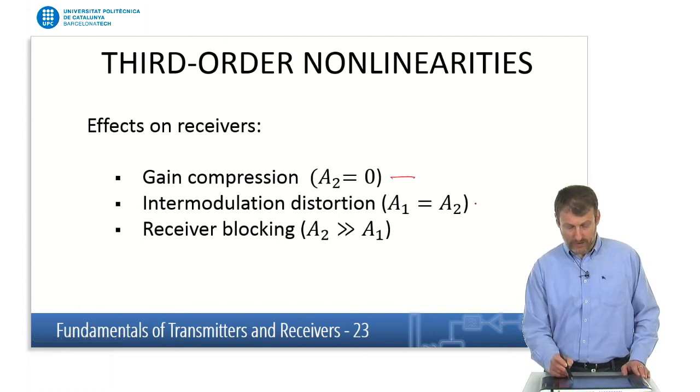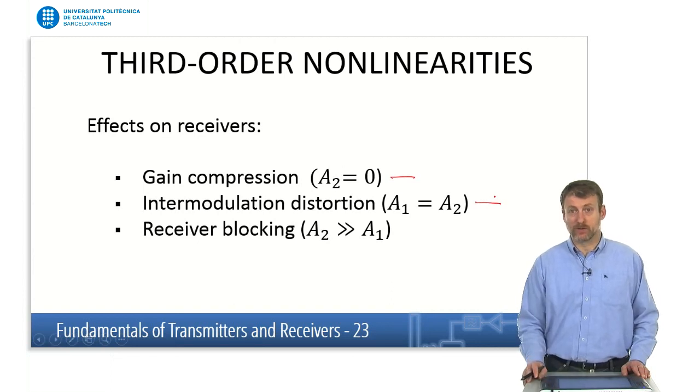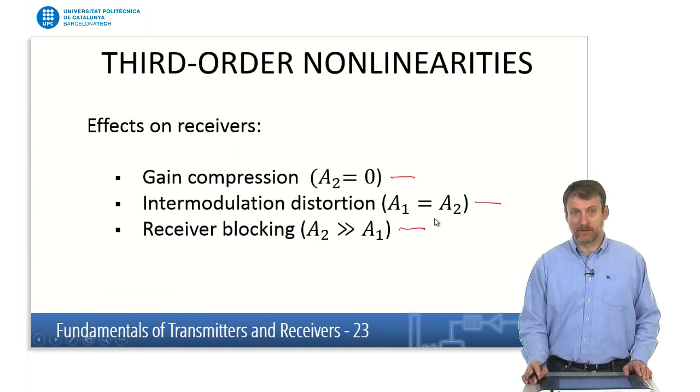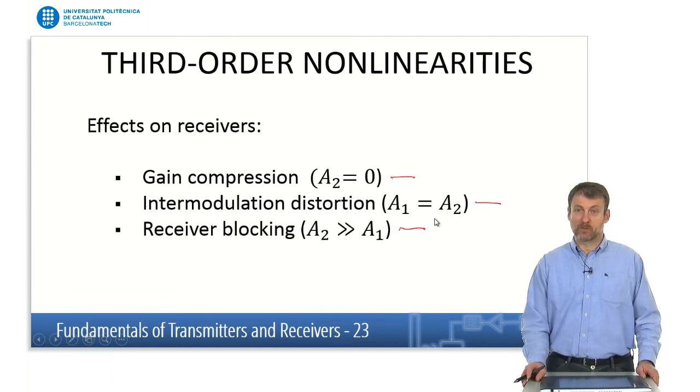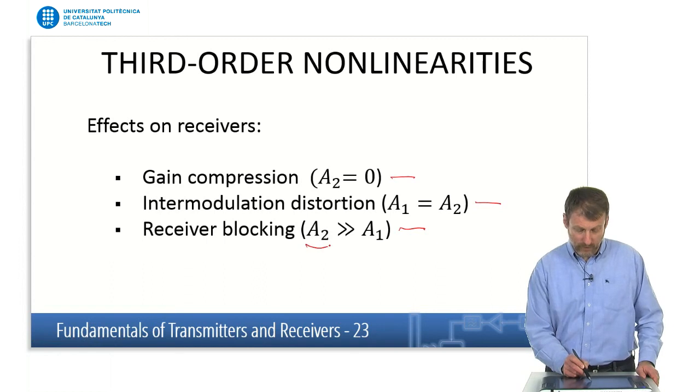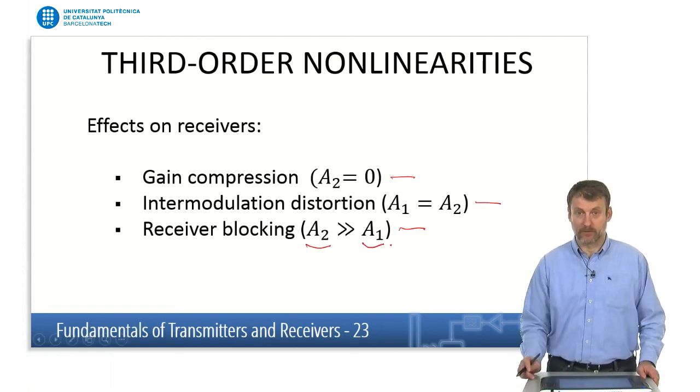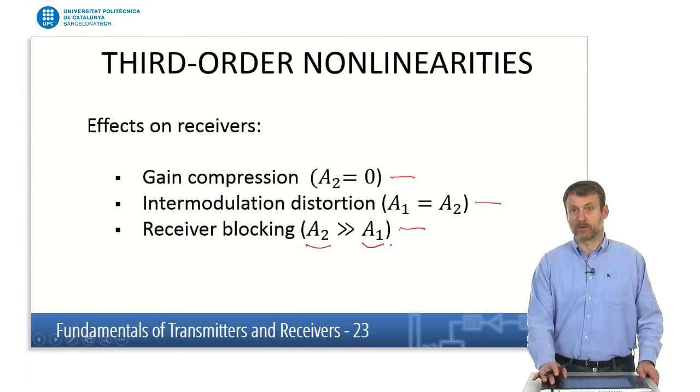We'll also describe what intermodulation distortion is, which happens when we have two tones of equal amplitude, and we also examine the phenomenon of receiver blockage or receiver blocking, which happens when we have an interfering signal which is much stronger than our desired signal. And we'll be seeing all these details in the following sections of this lecture.